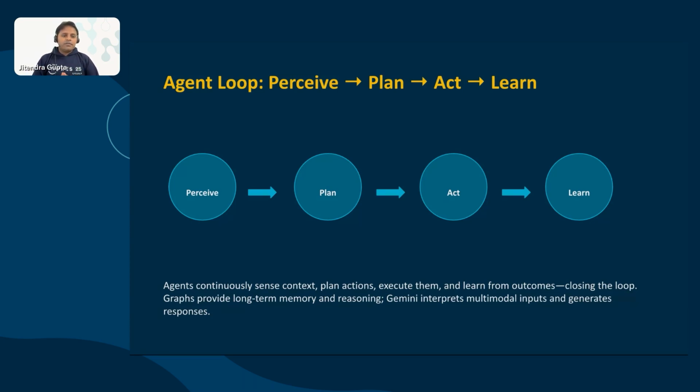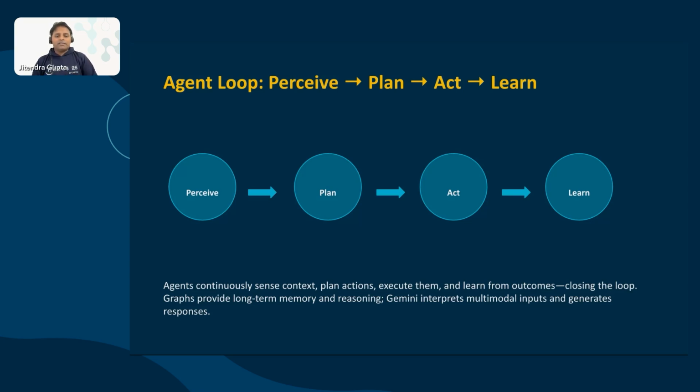Just take this particular example here. So let's say that we want to walk through an agentic loop here. So what does an agent do in general, right? If we see the steps that are performed by an agent, basically it perceives the context that the user is looking or asking for.